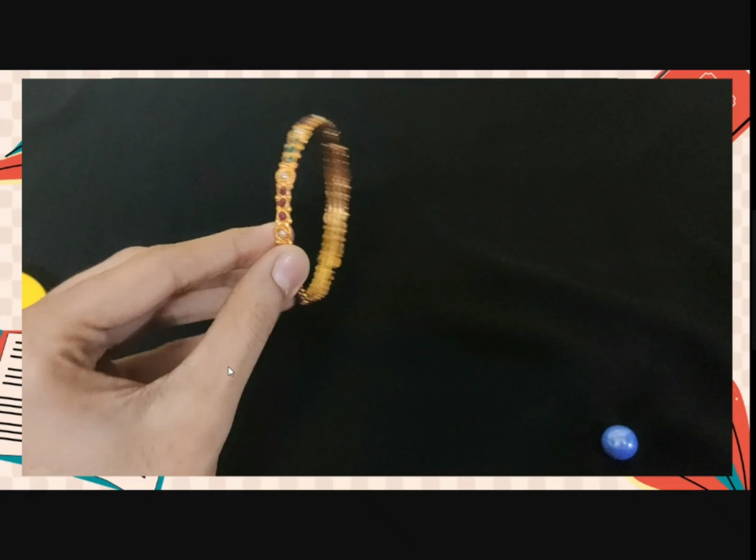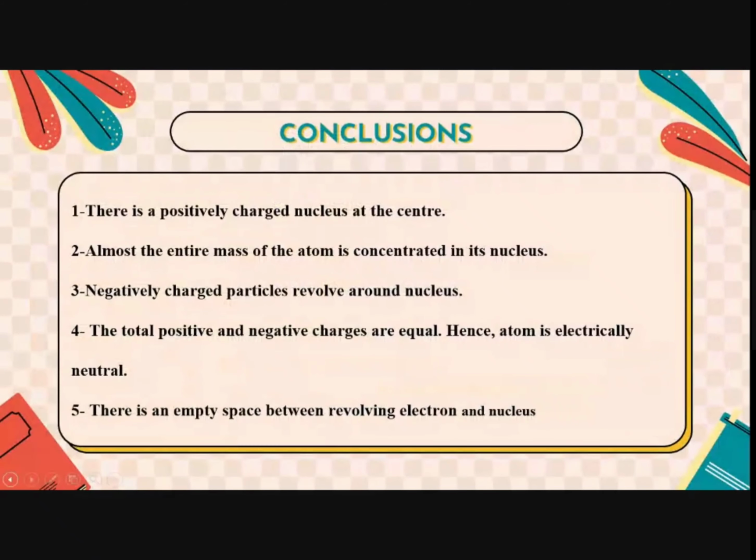And in Rutherford's nuclear model also, we saw that most of the particles were passing through. That means there has to be empty space. Am I right? Correct. That means there is an empty space between the revolving electrons and the nucleus.